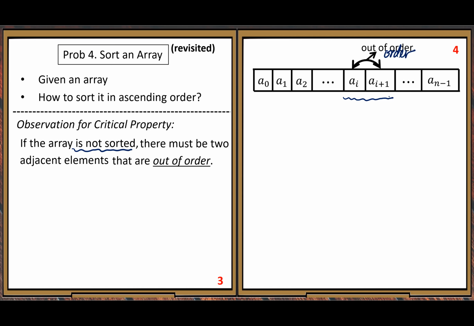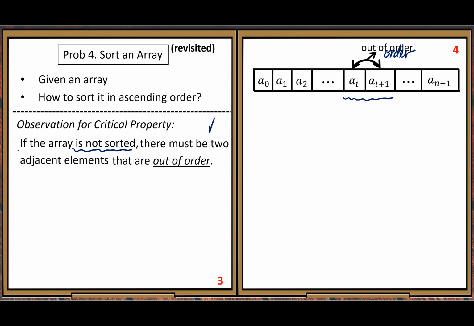We do the negation of the conclusion part: if any two adjacent elements are in order, then the whole array must be sorted.